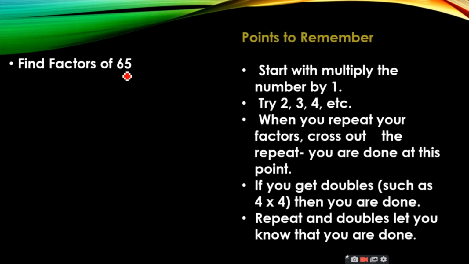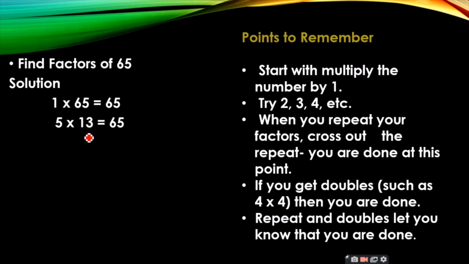Let's have another example. Find factors of 65. Again we have to remember these points. Now let's solve. The first factor is 1. 1 multiplied by 65 is equal to 65. After this, 65 does not come in the table of 2, 3 and 4. But 65 comes in the table of 5.